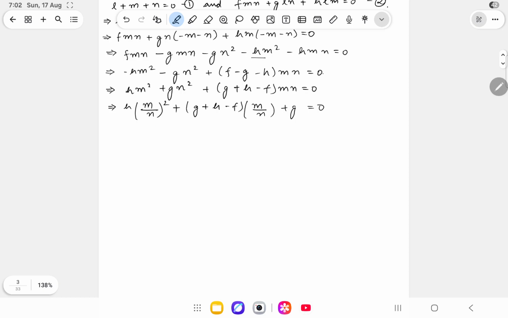From here I can get the sum of roots of this equation and the product of roots. So let m1 by n1 comma m2 by n2 be roots of this equation.